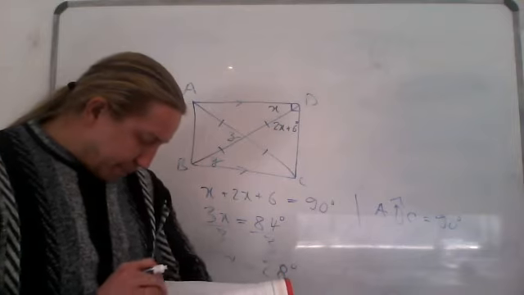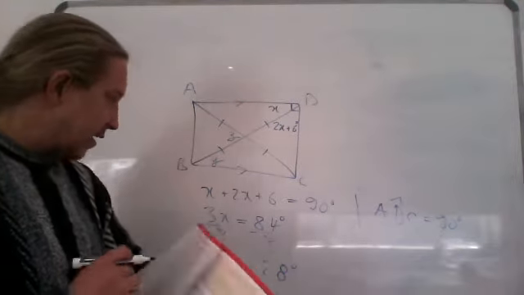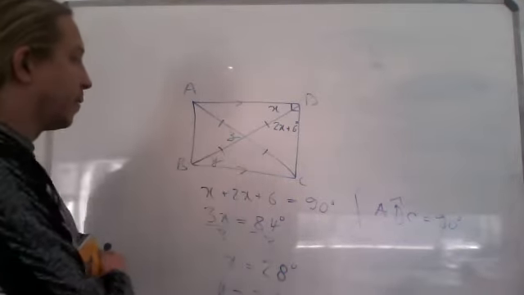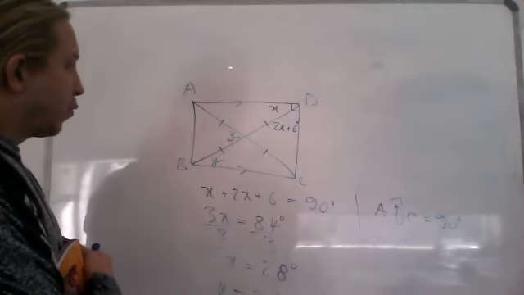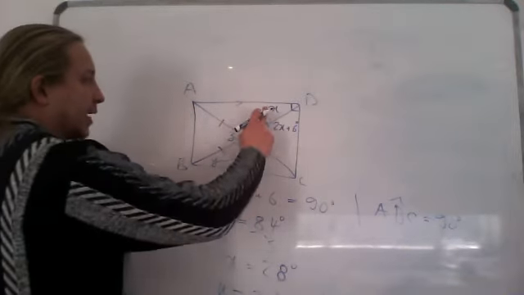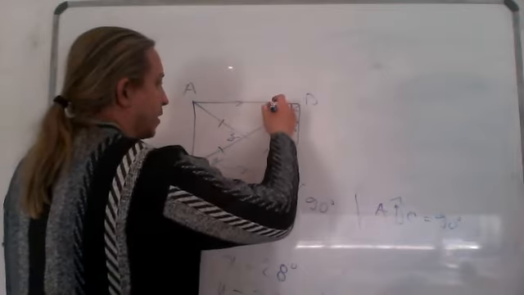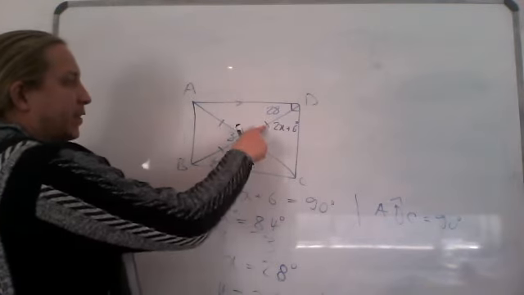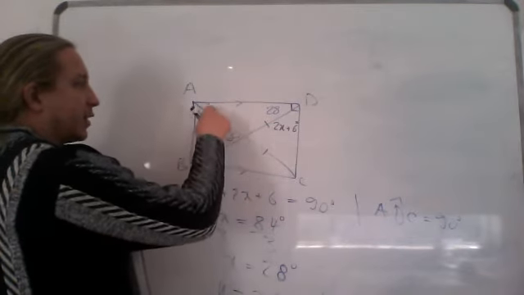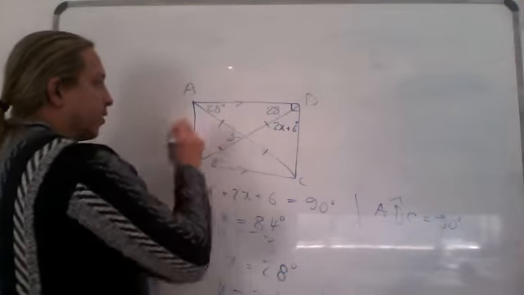Then angle Z is this angle over here. Let's see what we can do. If this angle X is 28 degrees, we have that these two sides are the same, so this must also be 28 degrees.